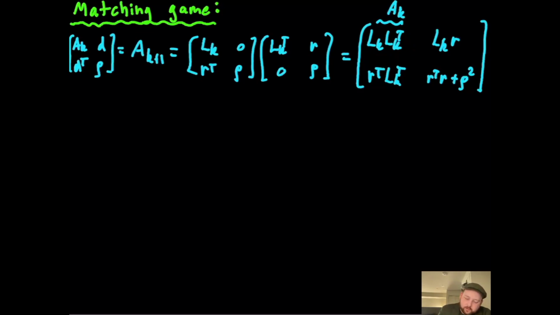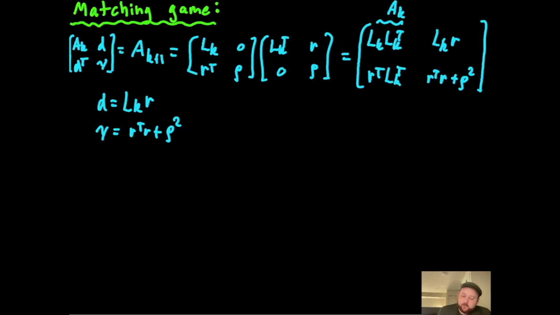The first one is that D has to be equal to LK R. And the second one, sorry, I just realized that this rho here is supposed to be a gamma, is that gamma is equal to R transpose R plus rho squared. So we have a system of two equations with two unknowns, one a vector and one a scalar, but this is actually enough to determine the solution.